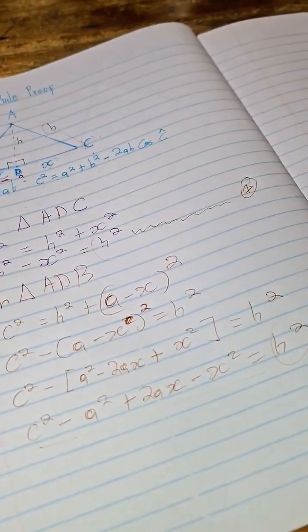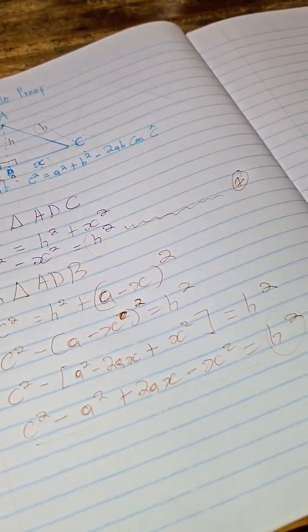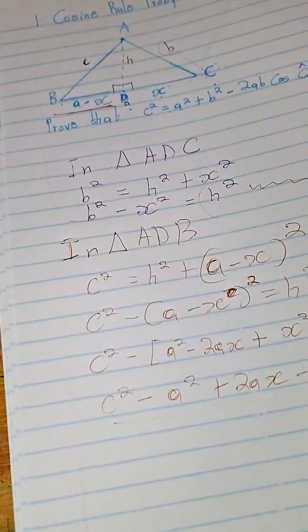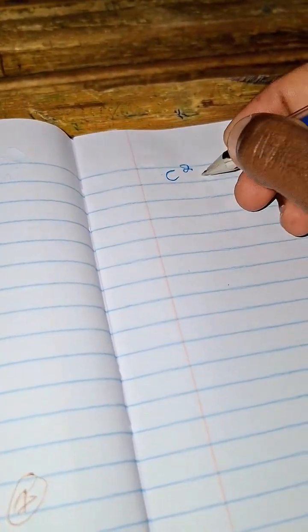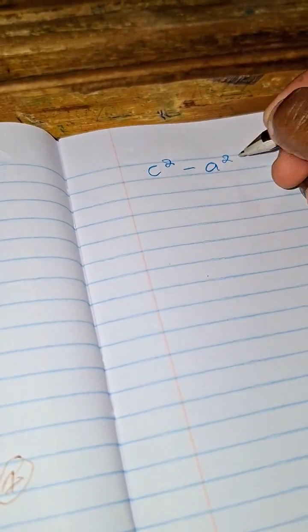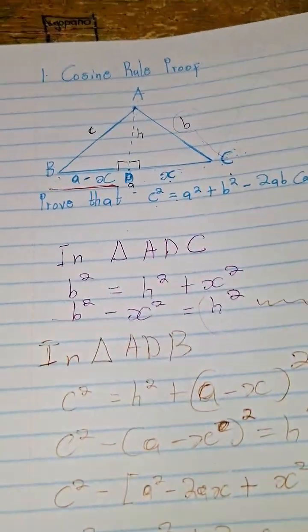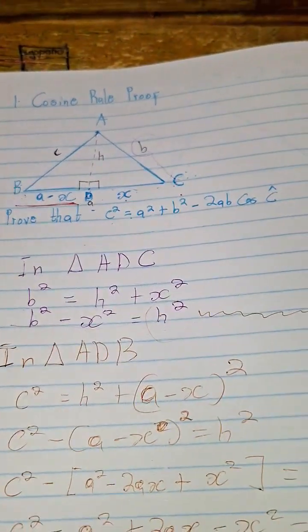I'm going to start with equation 2, copying it the way it is: c squared minus a squared plus 2ax minus x squared. I first copied equation number 2.